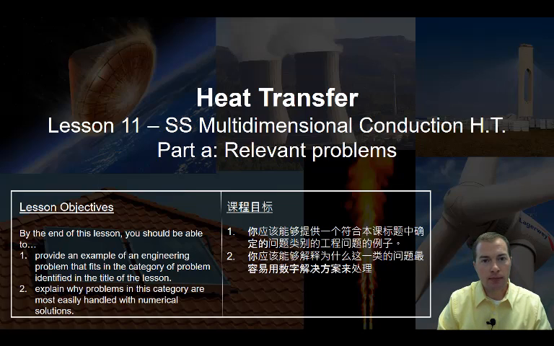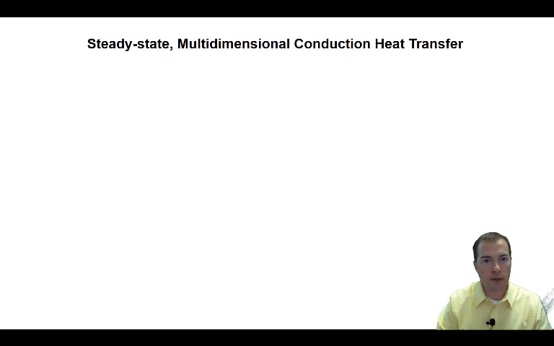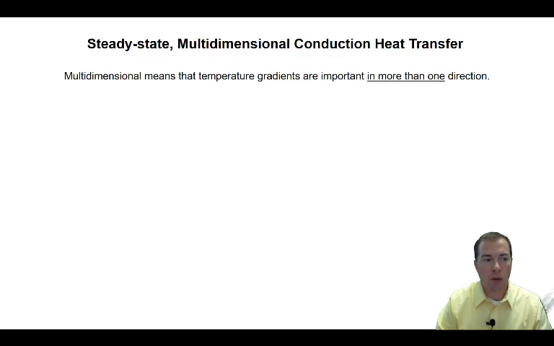On with the lesson. The focus of this lesson is on steady-state multi-dimensional heat transfer. Multi-dimensional means that temperature gradients are important in more than one direction. Up to this point in the course, we have only considered, at most, temperature gradients in a single direction.